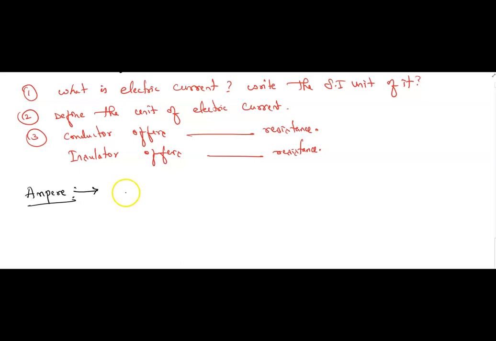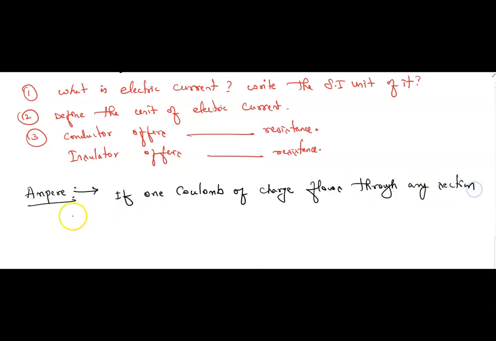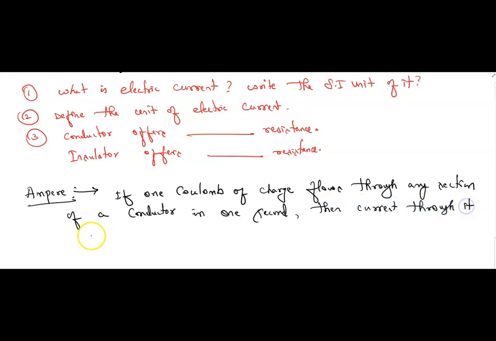If you want, you can write like this: if 1 coulomb of charge flows through any section of a conductor in 1 second, then the current through it is said to be 1 ampere.